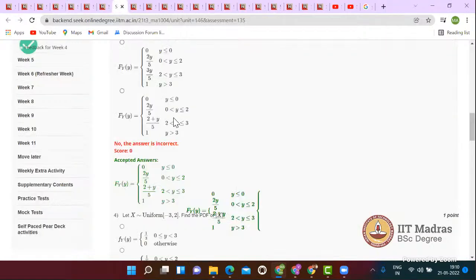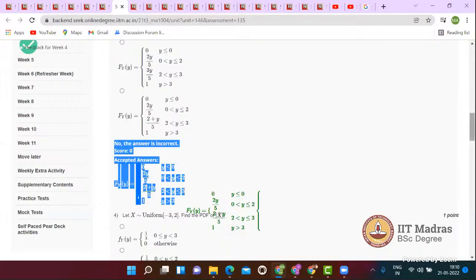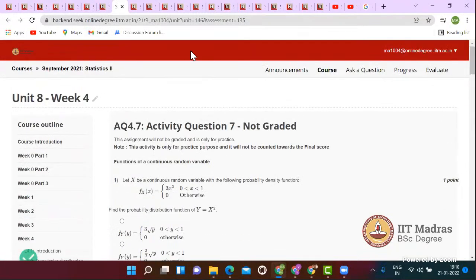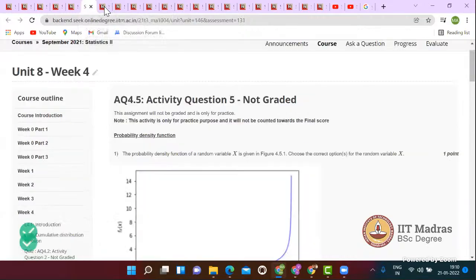I have a question regarding this. Can I ask? I always thought that PDF and probability were the same. They are not?